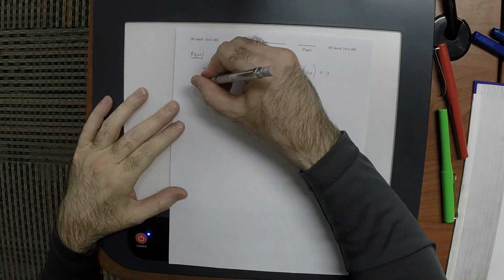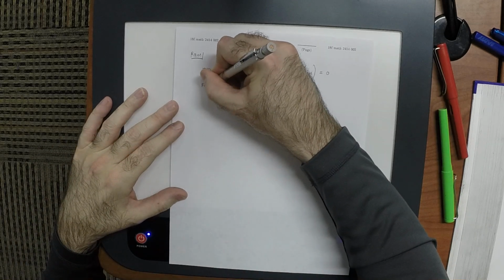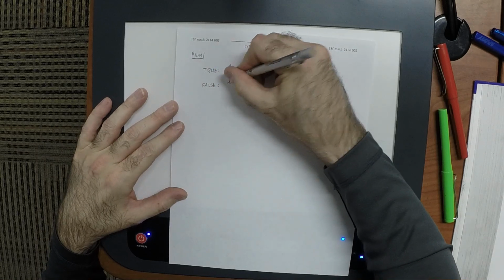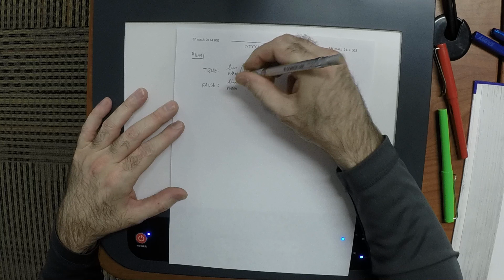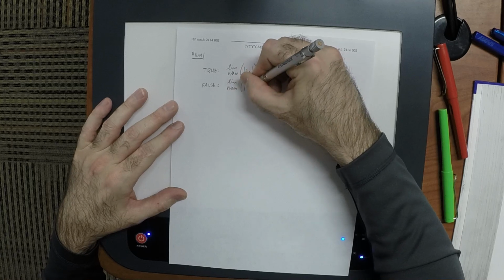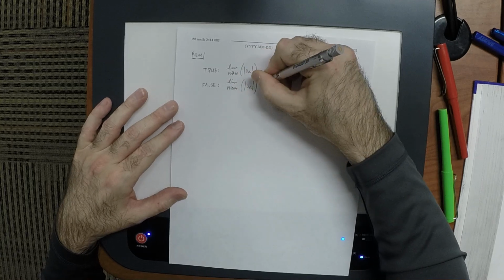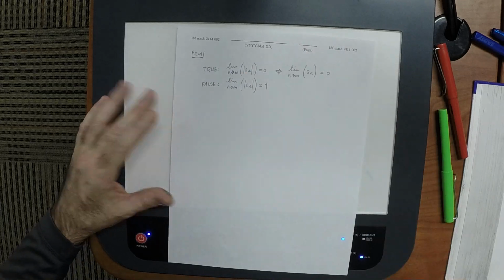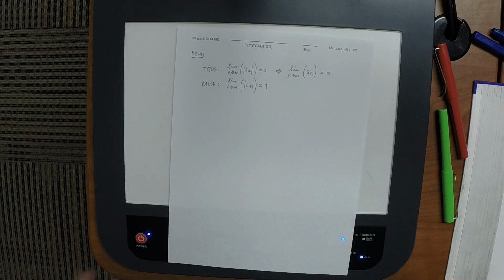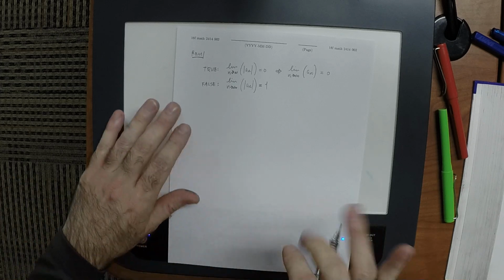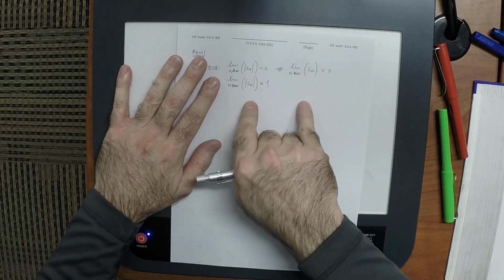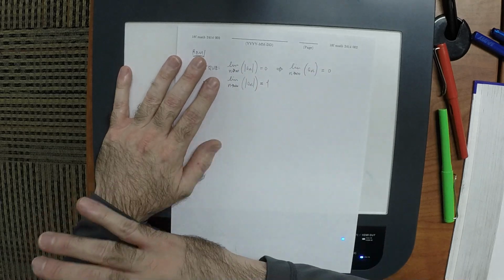Now here's something that's not true. There's something that's false. The limit as n goes to infinity of the absolute value of a n, suppose that's equal to some other number, like 1, say. Suppose that's the case. Now, if I just copied and pasted that line, but then edited the 0 to be 1.